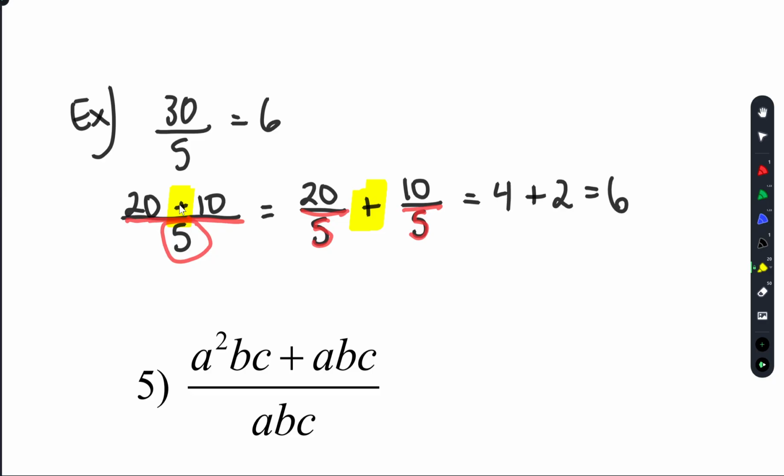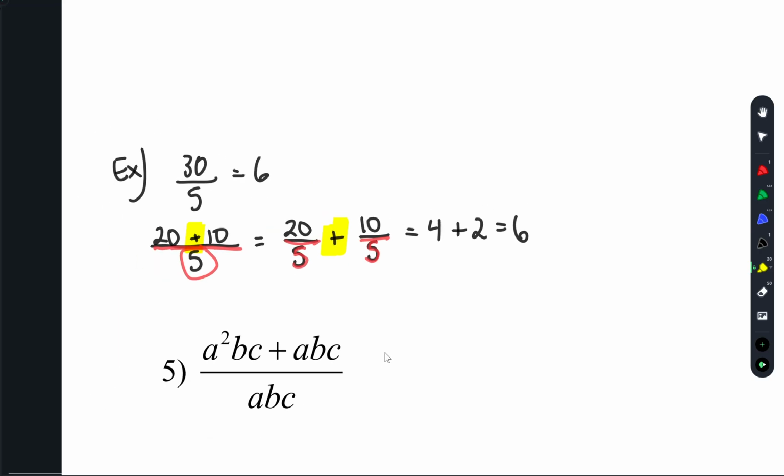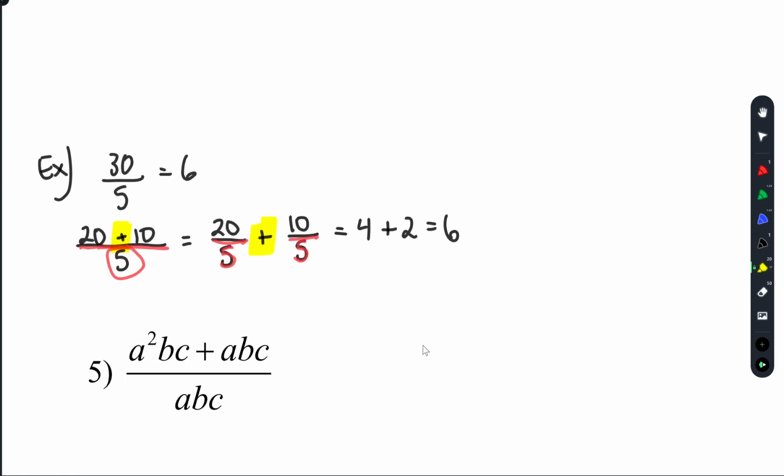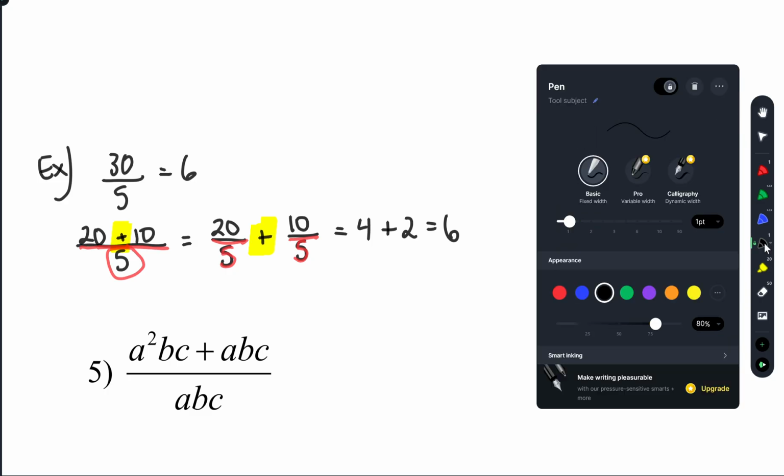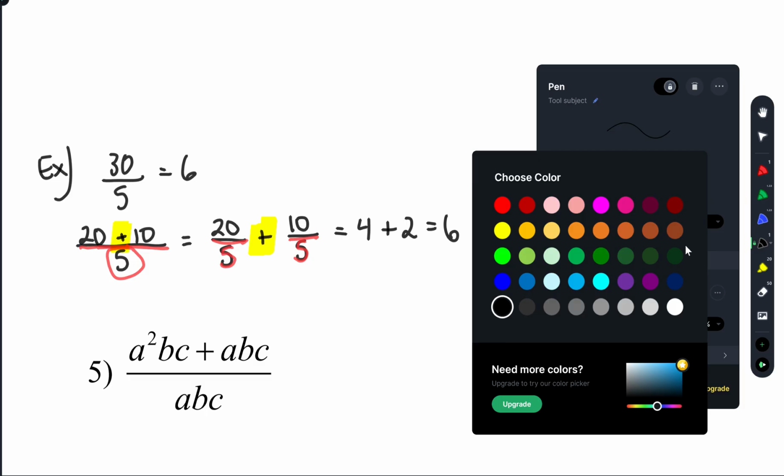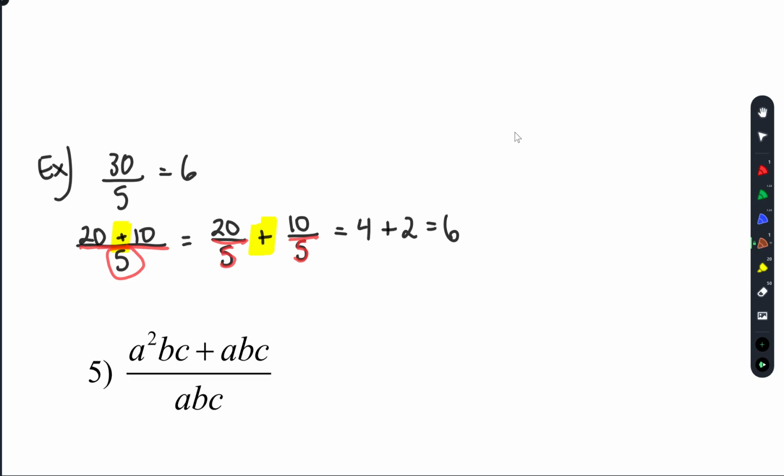Okay, to do that. Now, if you did the reverse, so let me get my pen. Okay. If you did it reverse, so like 5 over 30, wouldn't that be 1/6? I just switched them basically.